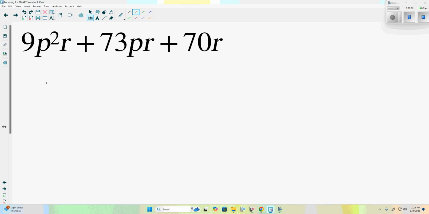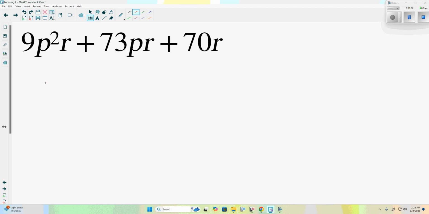Now, one of our ways that we can figure out if they're divisible by 3 is plugging it straight in the calculator. The other is adding the digits together and dividing by 3. So with 70, we have 7 and 0, so 7 plus 0 is 7. Divisible by 3? No, so 70 is not. So there is no number in common with all 3.